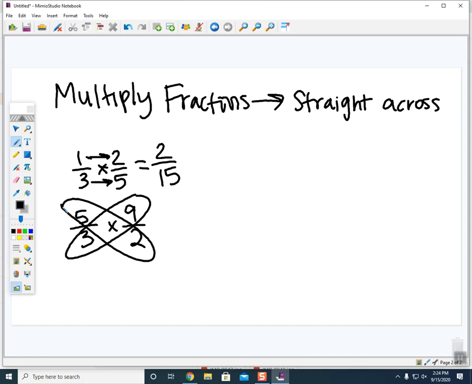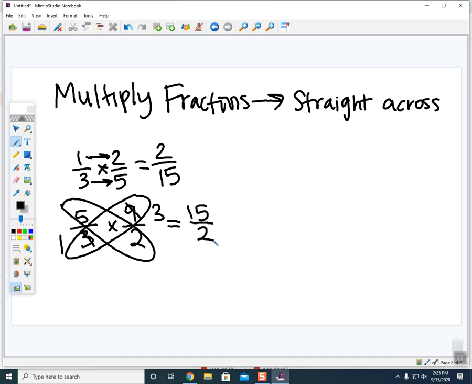And I can simplify. So when I look at this, I see 3 and a 9. Well, I know that 3 goes into 3 one time. 3 goes into 9 3 times. So I can make this 5 over 1 times 3 over 2. So then I can just multiply across, which gives me 15 over 2. I can cross simplify if I see some common things.